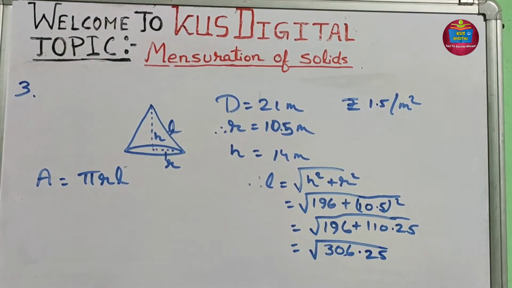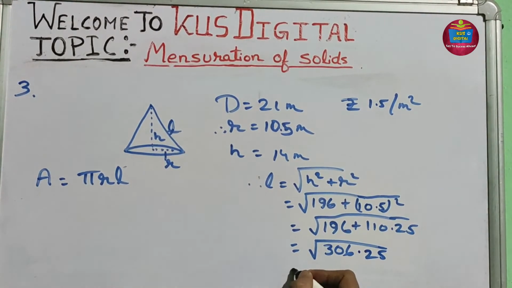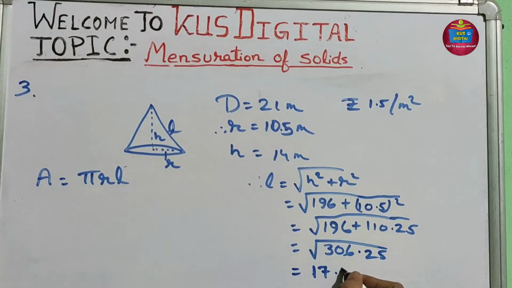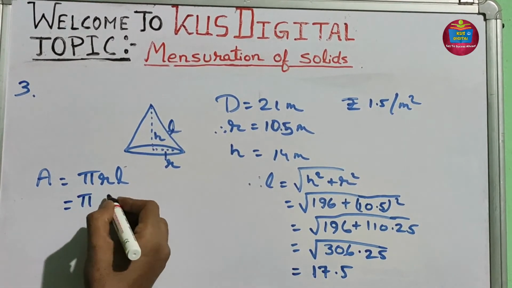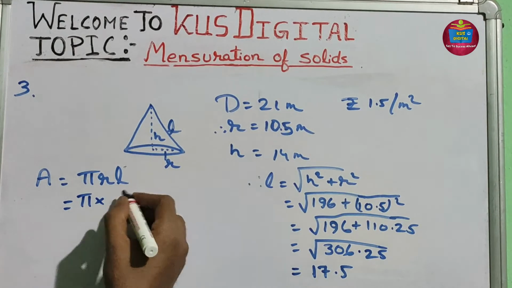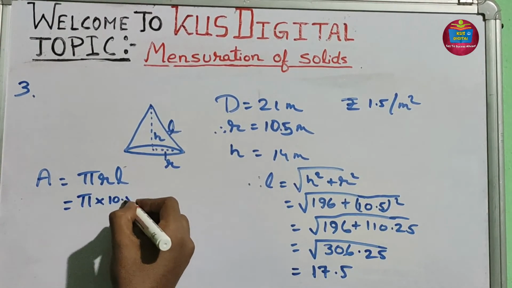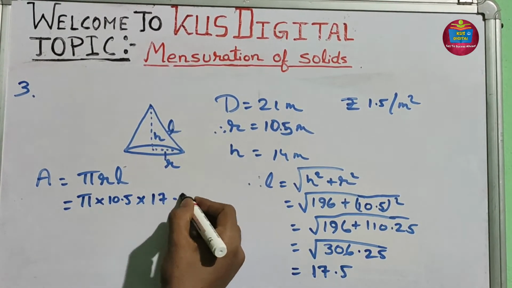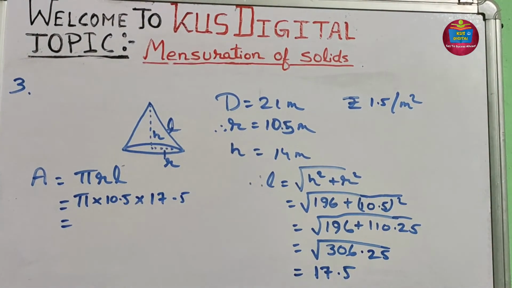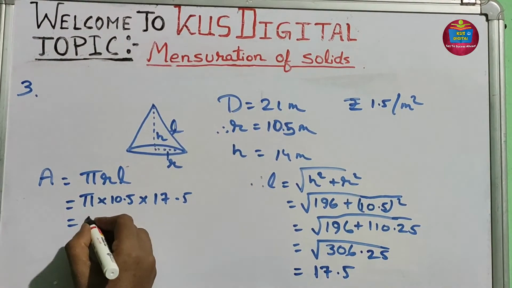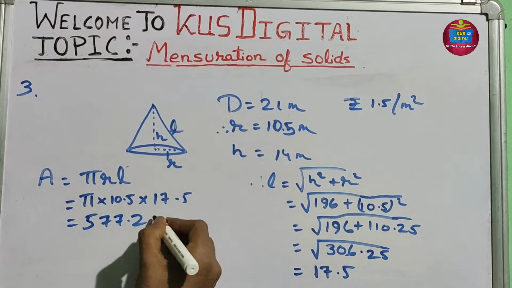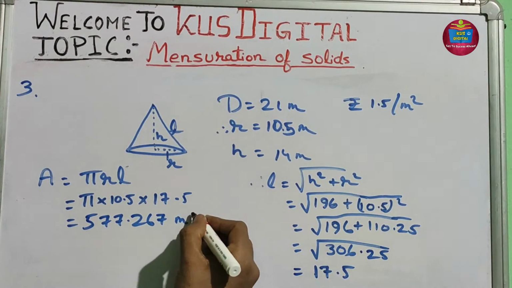So if we calculate this value, it will be 17.5. Okay, so we get the slant height L. Now just put it in the formula. So pi into R means 10.5 into 17.5 equals to, now again calculate this, and it comes out to be 577.267 meter square.